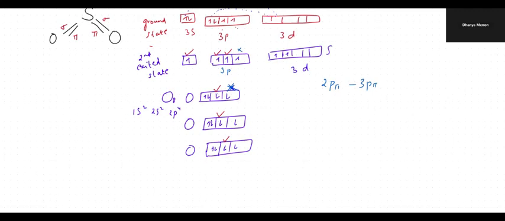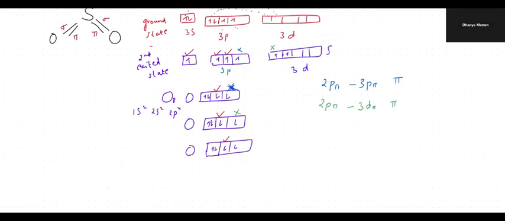This is the pi bond. It can also be formed between 2p orbital of oxygen, 2p pi, with 3d orbital of sulfur. This is another pi bonding.